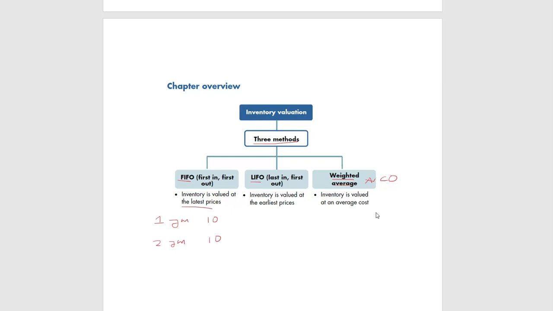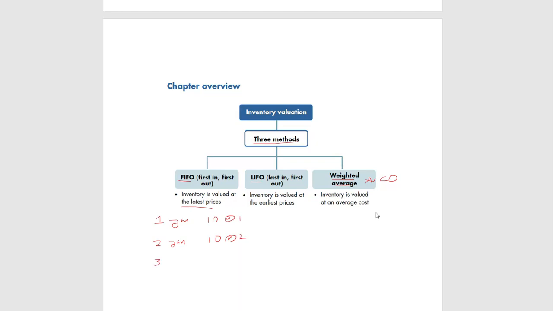Now we have 20 units. These first 10 units I purchased at a rate of 1, and these 10 units I purchased at 2 per unit, or 2 per kilo, whatever it is.